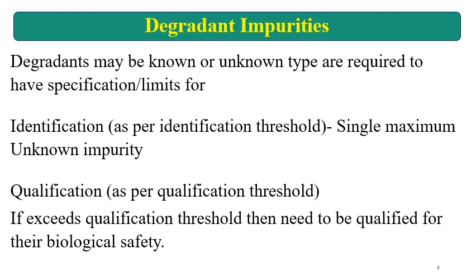The identification limit is given as per the identification threshold given in the ICH guidelines. And for identification, if the degradant is unknown, at that time a single maximum unknown impurity specification is required to be given. Based on the drug substance maximum daily dose with respect to the formulation and route of administration, the identification threshold can be given.